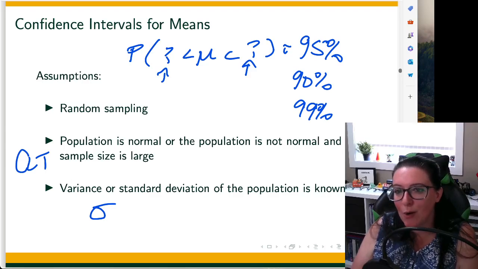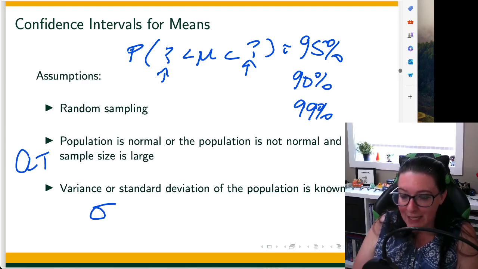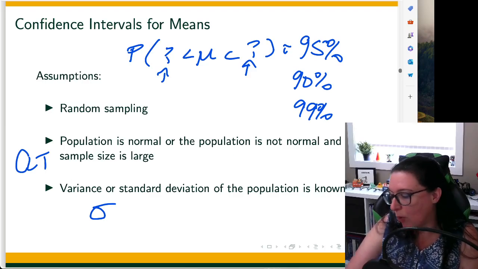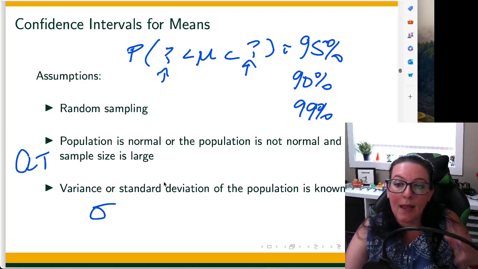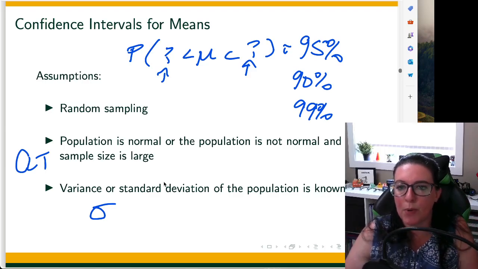But let's start here where we have a random sample, our underlying population that we're gathering information from is normally distributed, or the sample size is large enough we can assume a normal distribution. So this would be like if we are trying to estimate what is the average age of people in Alberta.